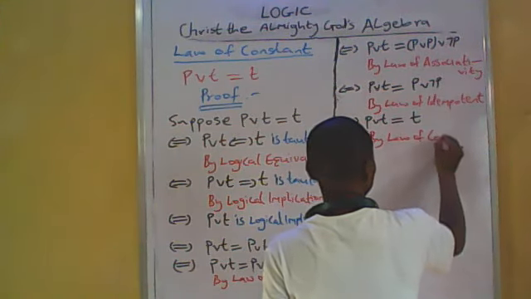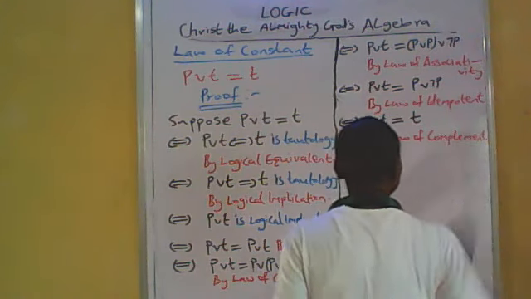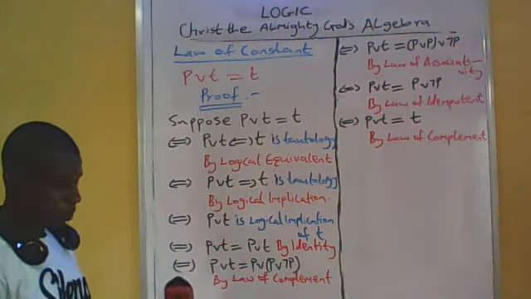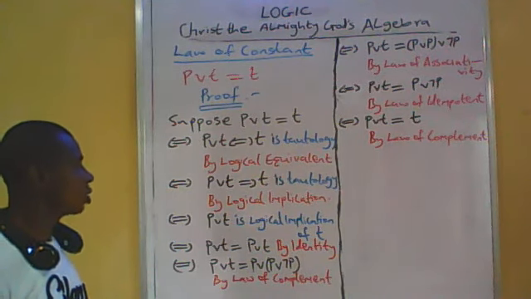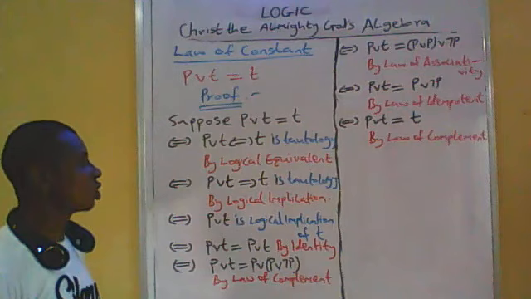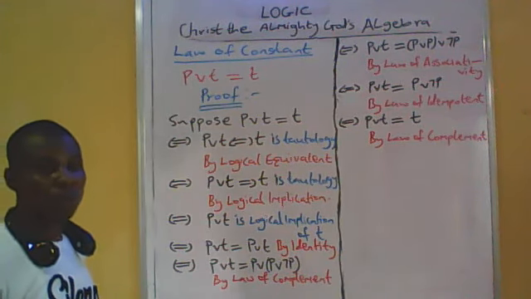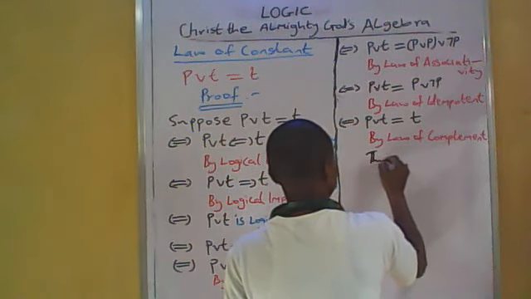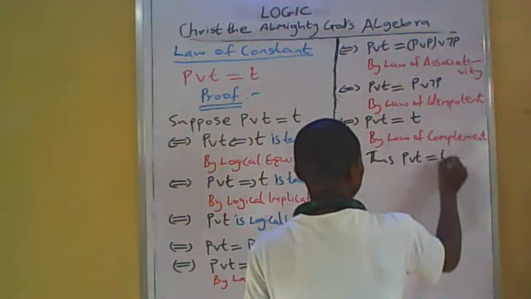We have now proved that P or T is equal to T. Since I have now proved that P or T is equal to T, we then conclude, thus, P or T is equal to T.